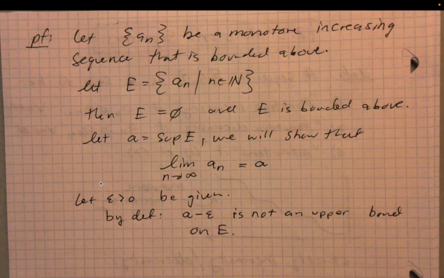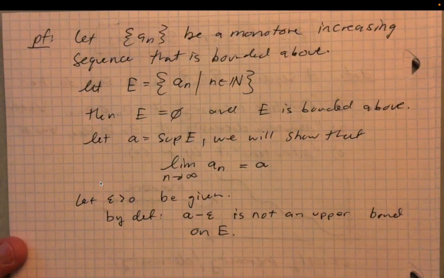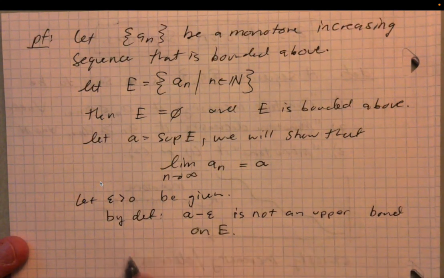So obviously if A minus epsilon is smaller than A, and if A minus epsilon was an upper bound on E, then A minus epsilon would be the supremum, right? So obviously A minus epsilon can't be an upper bound, right?